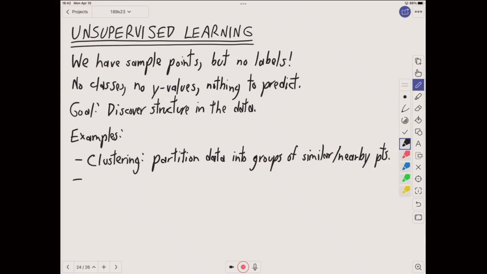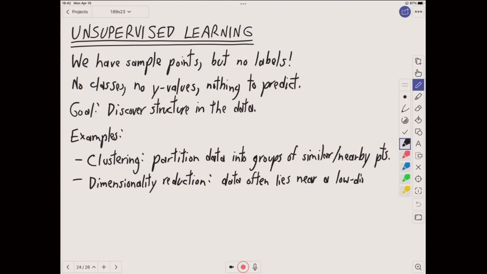A second kind of unsupervised learning is called dimensionality reduction. The idea behind dimensionality reduction is to notice, first of all, that in many applications, you find that your data often lies near a low-dimensional subspace of your feature space. And so subspace or manifold, a manifold is kind of like a subspace except it's curvy.